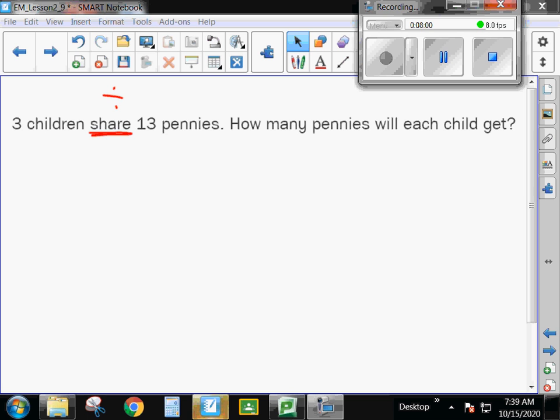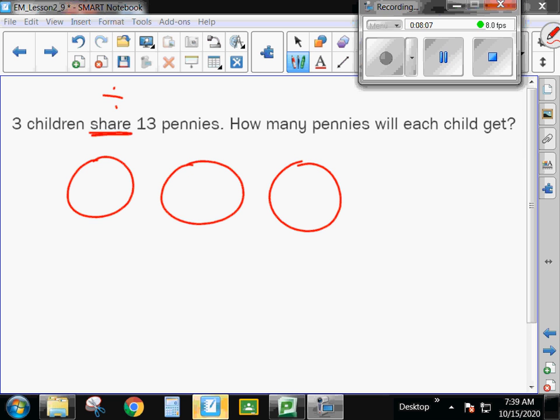All right, so if I take 3 children, I'm just going to write circles for these children, and I'm going to share the 13 pennies. Now I'm not going to draw out these 13 pennies anymore because there are going to be times where we have some pretty big numbers of things that we are sharing. So I'm not going to bother drawing all of that out. I'm just going to divide up those pennies inside of my 3 circles for my 3 friends. So 1, 2, 3, 4, 5, 6, 7, 8, 9, 10, 11, 12, 13.